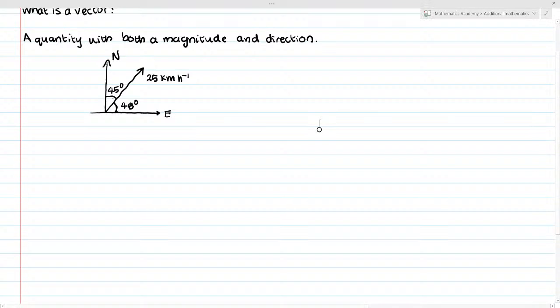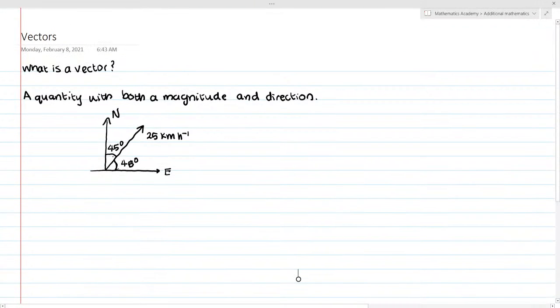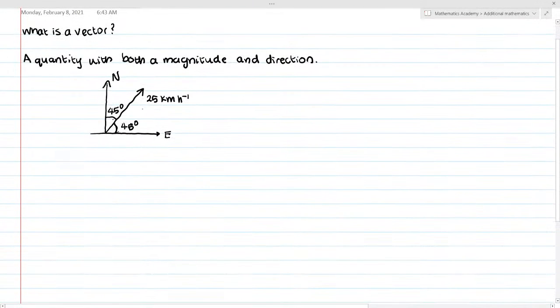But sometimes what you want to know instead is, how much to the east is it traveling, and how much north is it traveling. So we can get this 25 kilometers an hour and 45 degrees a different way. We can get it by saying that we travel a certain amount to the right and then a certain amount upwards, right?